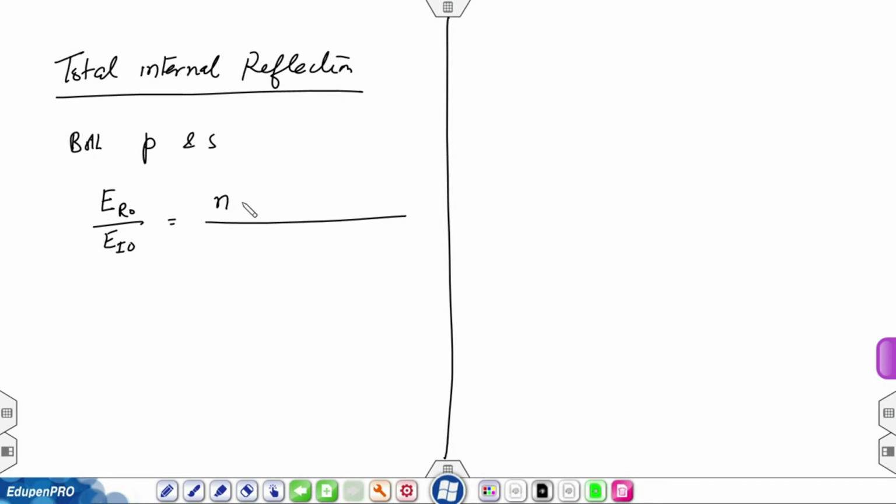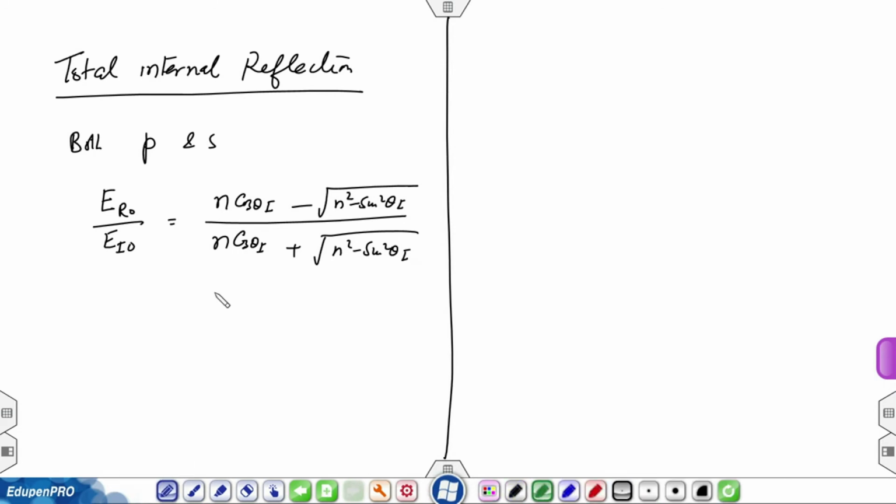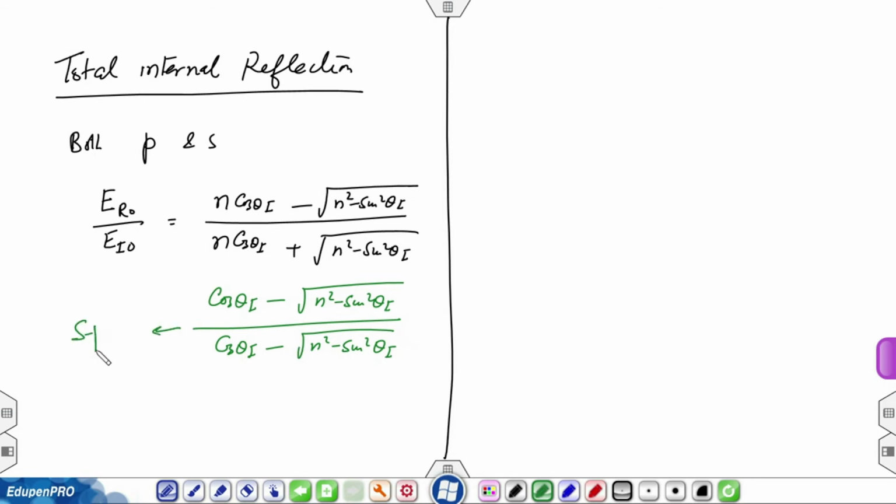I had n cosine theta I minus the square root of n square minus sine square theta I, divided by n cosine theta I plus the square root of n square minus sine square theta I. This is for P, and for S polarization, I had cosine of theta I minus the square root of n square minus sine square theta I divided by cosine theta I plus the square root of n square minus sine square theta I. So this one is for S polarization, and the other one is for P polarization.